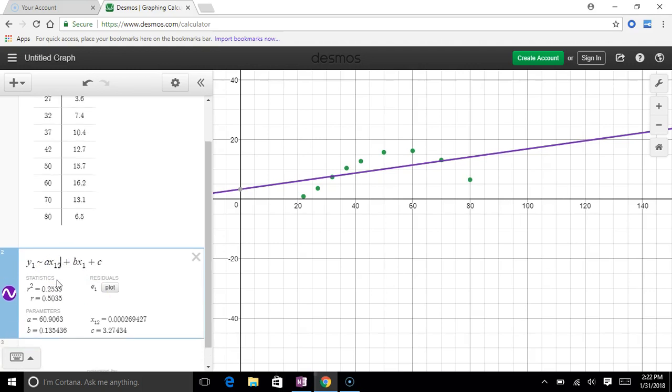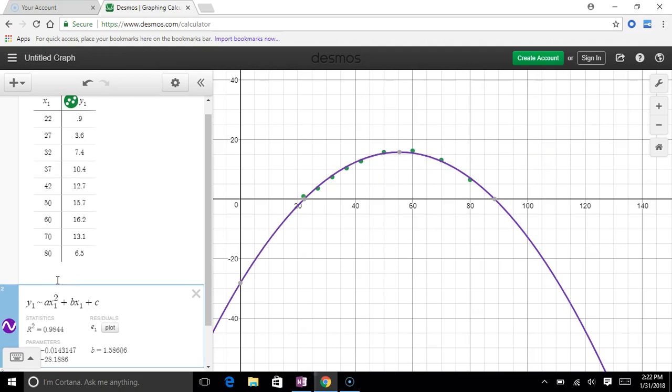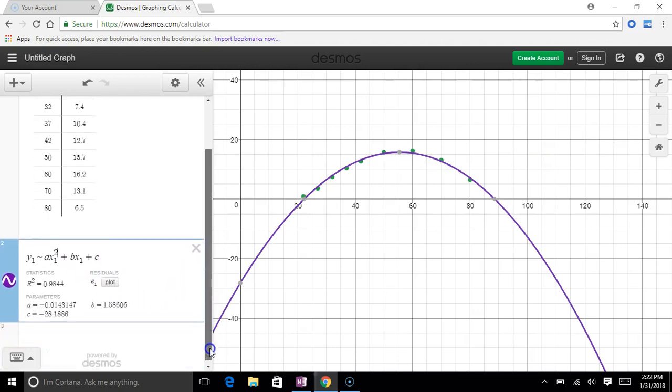Let me tell you where I see most students messing up: they forget the little squiggly, or they forget the subscripts, the x1 subscripts or the y1 subscripts. You've got to have those subscripts to tell it to use the data that you just punched in.